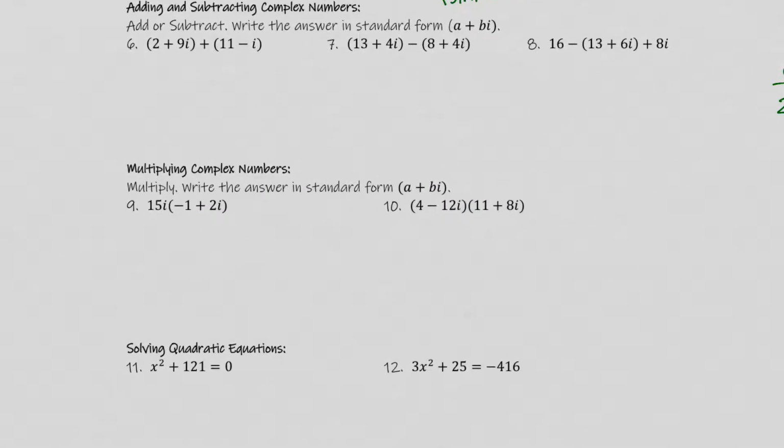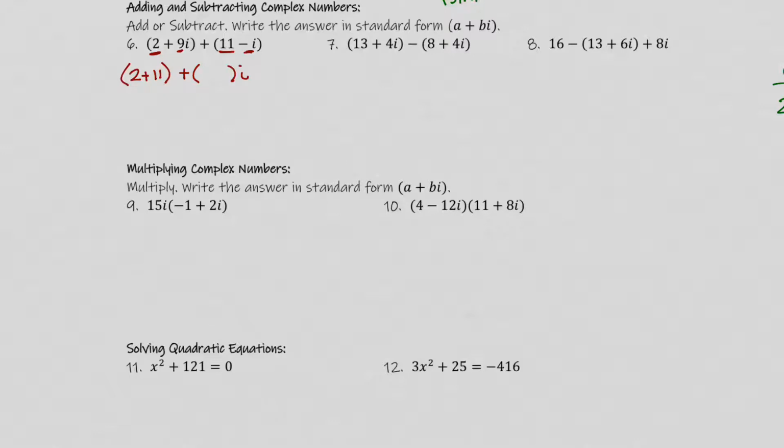So number 6, it has the addition symbol, so I'm going to take the real numbers from each complex number, because remember, this whole thing is a complex number, but I'm just taking the real numbers, so I have 2 plus 11, and it's going to be added to the numbers in front of our i's, which are our imaginary numbers.